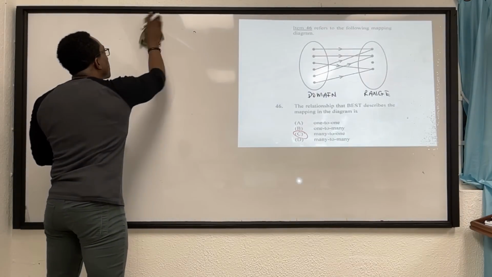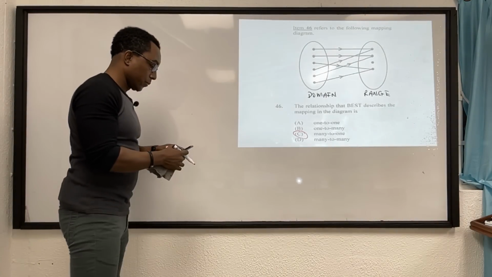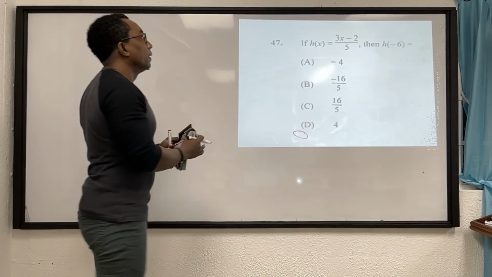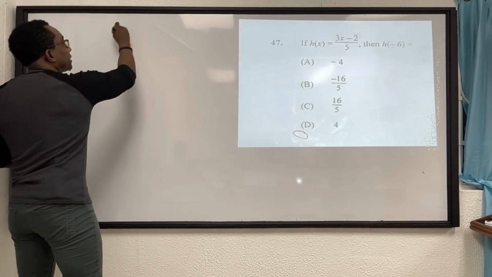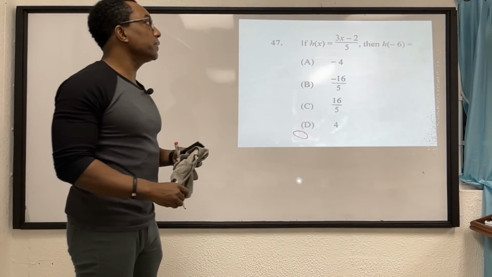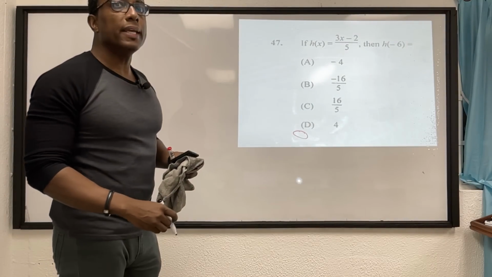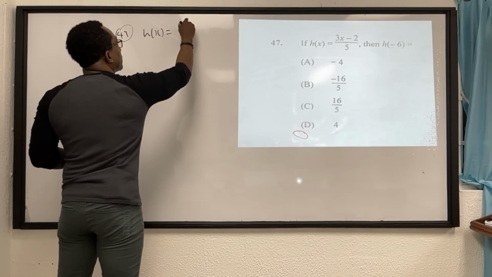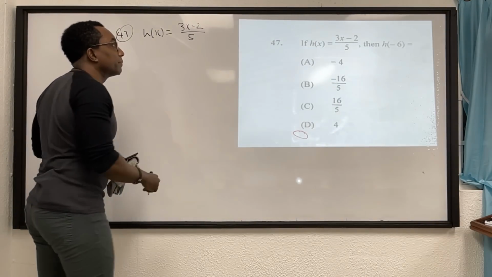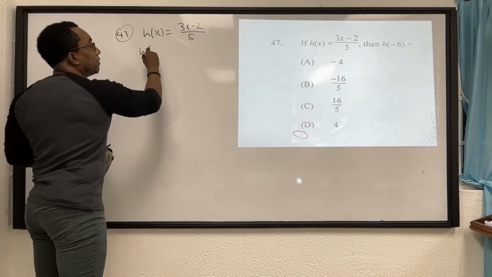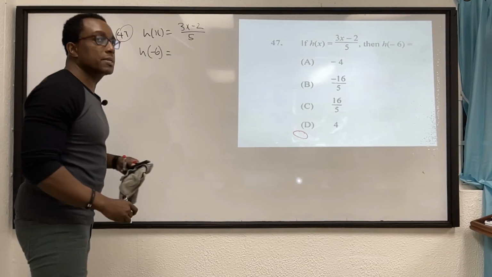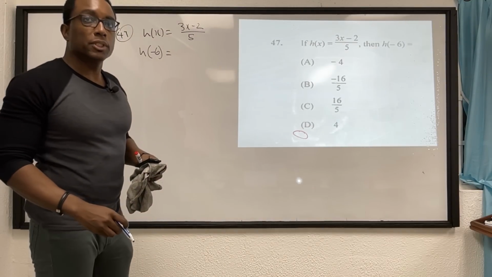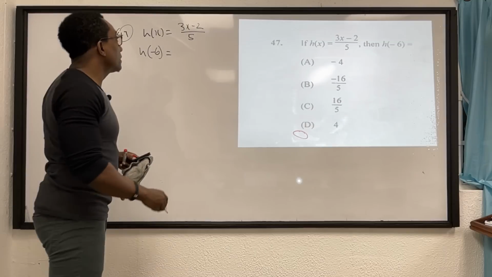47. h of x is equal to 3x minus 2 over 5. Then h of minus 6. So if h of x is equal to 3x minus 2 over 5, then h of negative 6 will be to simply replace x in the expression for h of x with negative 6.